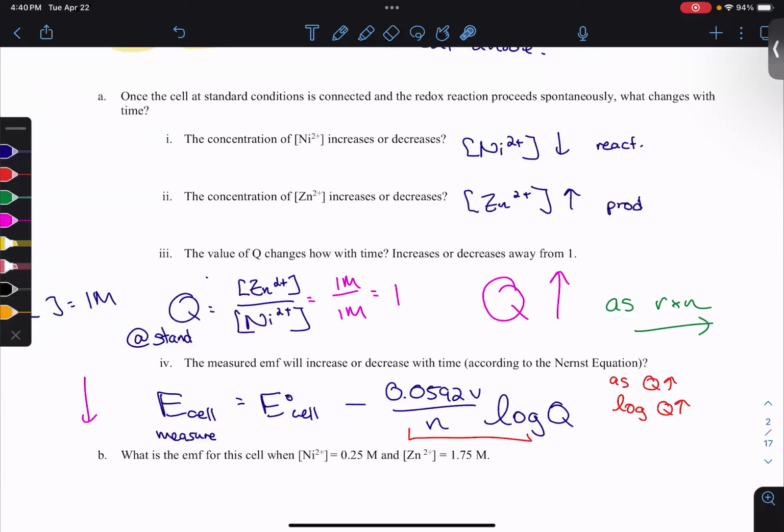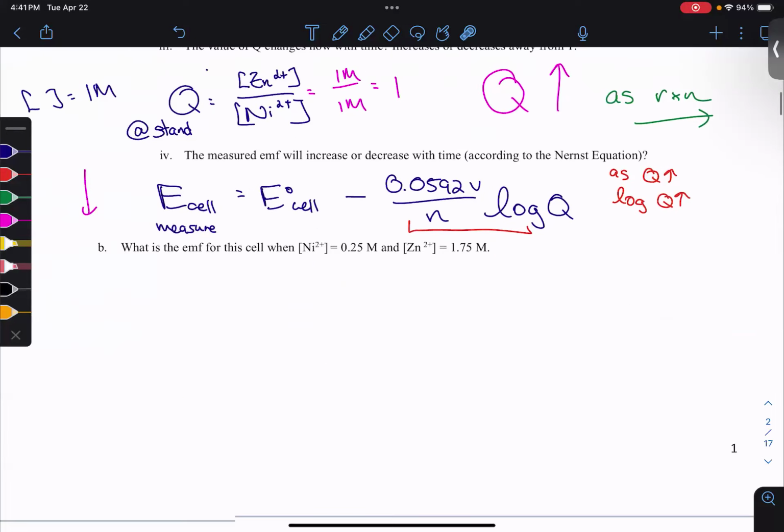Because older batteries have a larger Q, you generate more products, and it makes your measured cell potential lower than standard cell potential, all right? That's why batteries eventually go dead, because Q grows and you subtract a bigger number from that standard cell potential. So that's conceptually why batteries go dead.